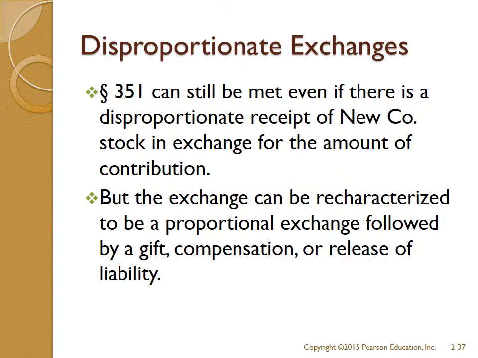This is kind of an important thing to look at here because this deals with disproportionate exchanges. So basically, if you contribute something and you get a bunch of stock in return and the deal is not fairly equal, the IRS can come in and say, we're going to let you receive this 351 exchange for what we feel is the fair value of this property.